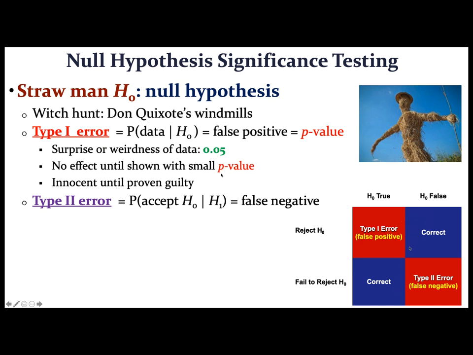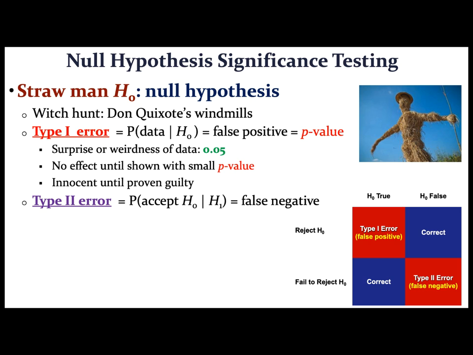Among these, the blue cells are the perfect situation. But the problem is we have those two red cells, especially this first one. Nothing is going on in the brain, but we make a mistake and claim there is something going on in the brain. That's the so-called false positive, the p-value.